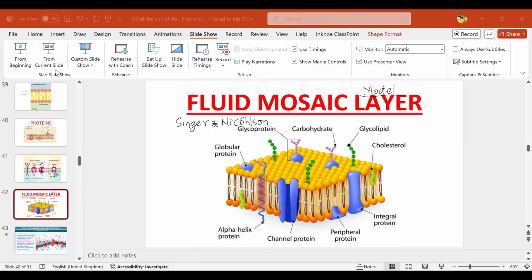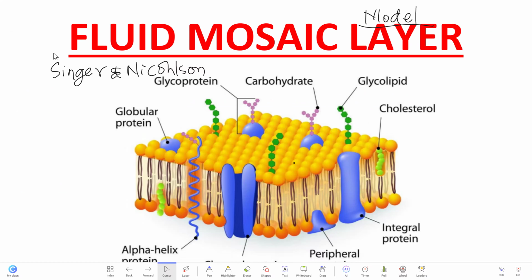So what's the name of the membrane model? It is the fluid mosaic model. Imagine you look from the top, down at the membrane. You see a lot of phospholipid heads, and on that you find proteins scattered. Is it like a mosaic?